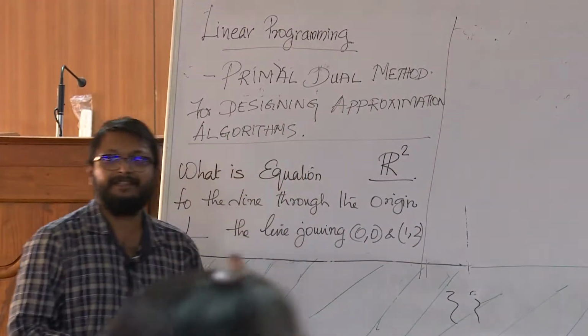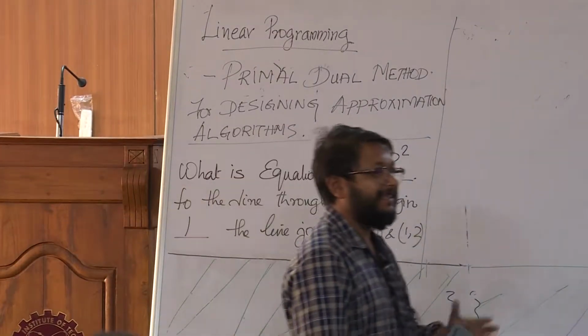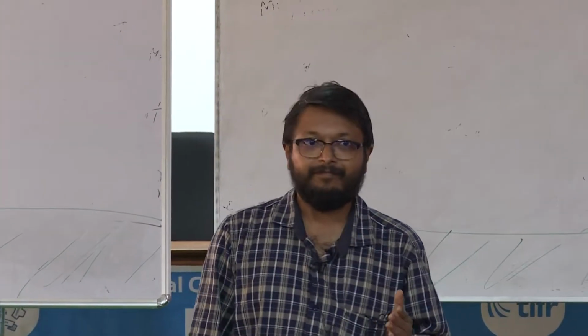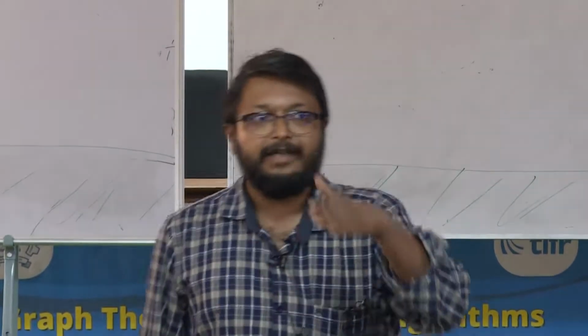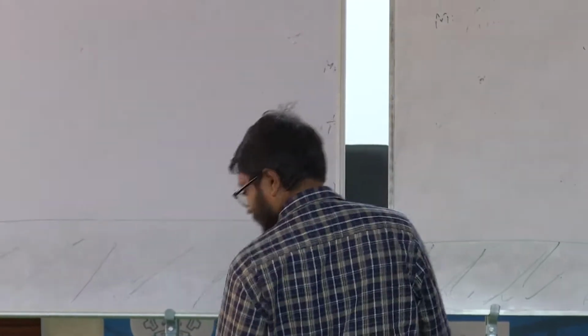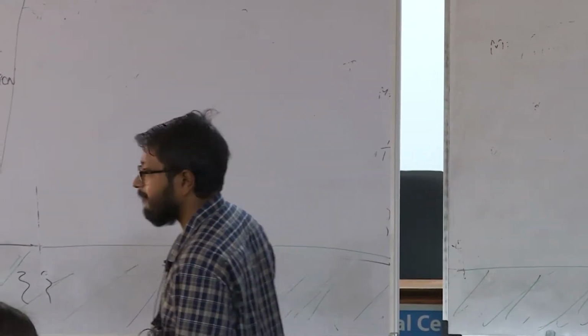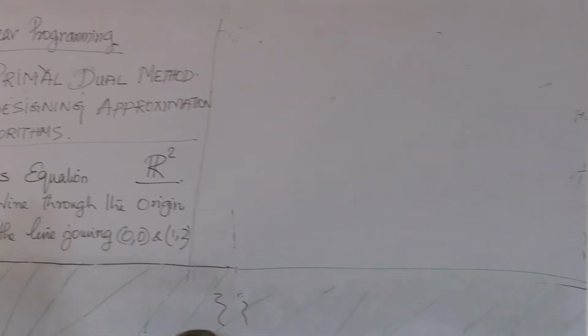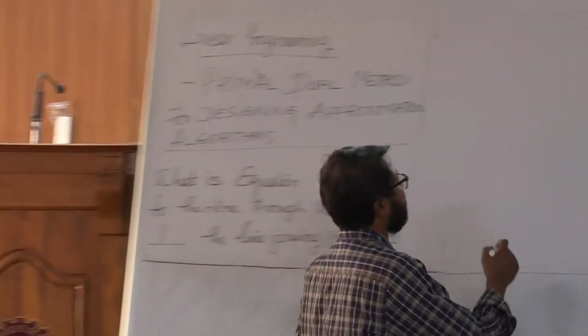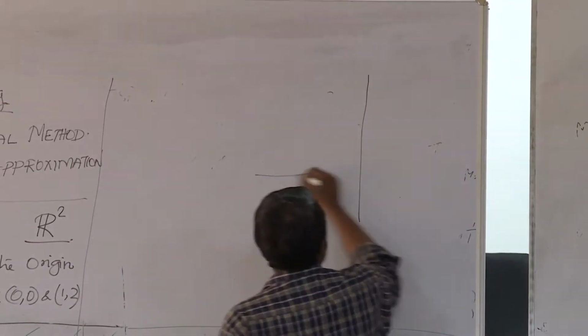Let's ask a simple school geometry question. What is the equation to the line through the origin perpendicular to the line joining 0, 0 and 1, 2? How will you get this? Finding the equation is simple.